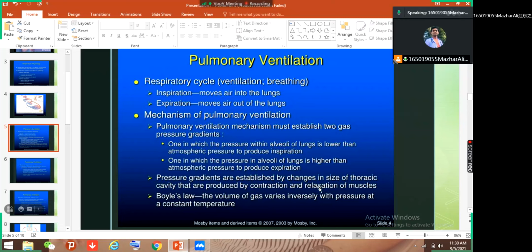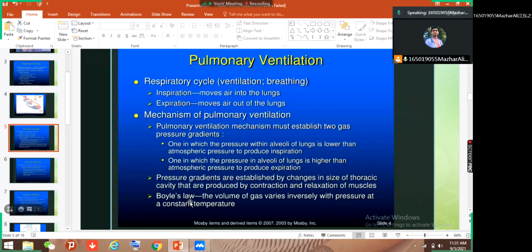So if there is any weakness of these muscles, or any pathology in the thoracic cavity, if there is no contraction, like in myasthenia gravis, there is a pathology of muscle, the muscle does not contract because acetylcholine is not working well. So no contraction. Do you think ventilation happens? So this contraction and relaxation helps pulmonary ventilation.